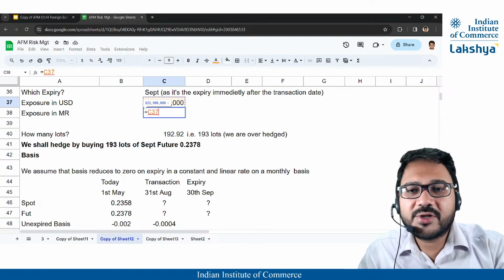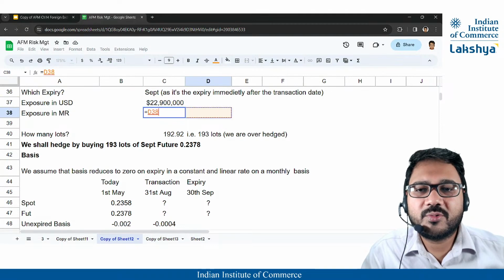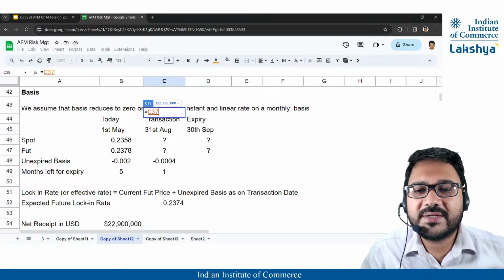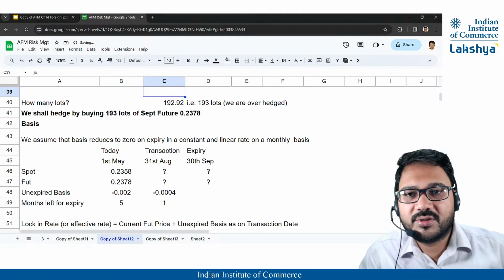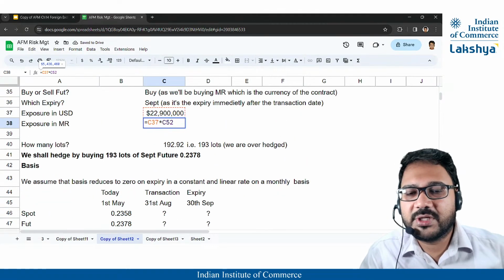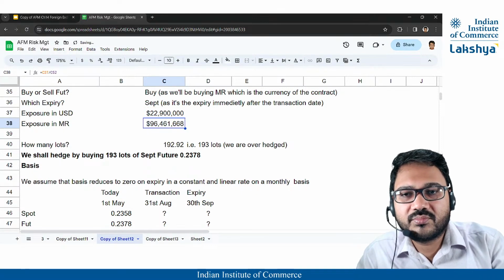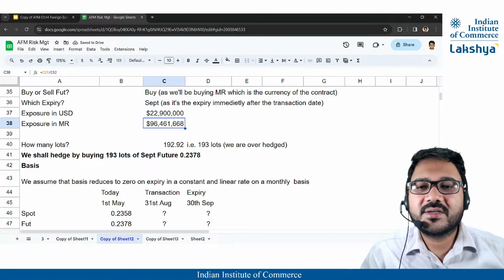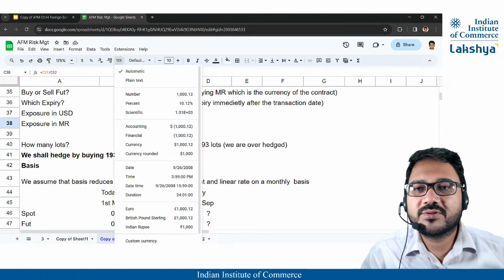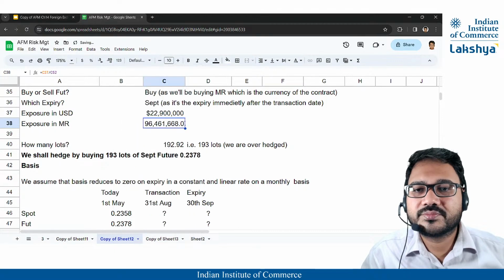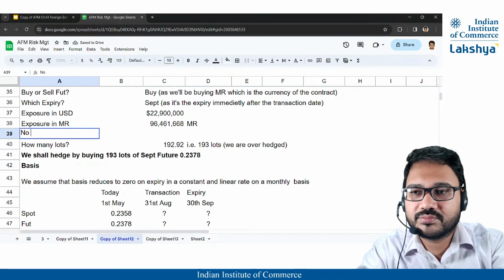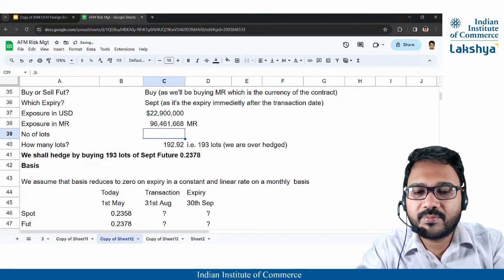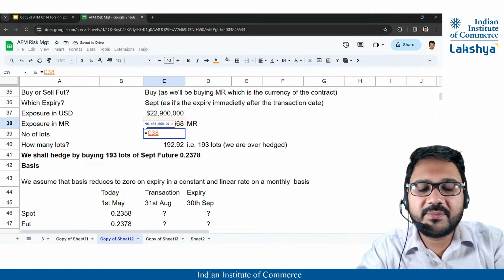So 22.9 million dollars will get converted at this rate. Sorry, we have to divide, not multiply. It will become 96 MR. So this is not dollars now, this will become MR. So number of lots: you need these many MR to be hedged.